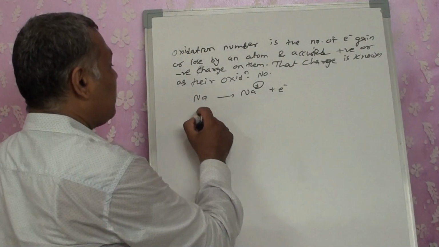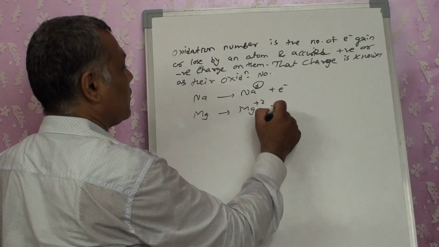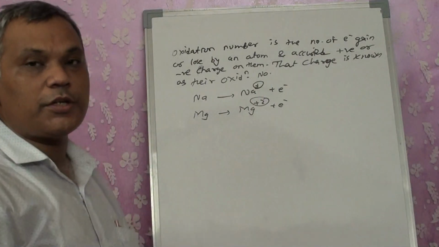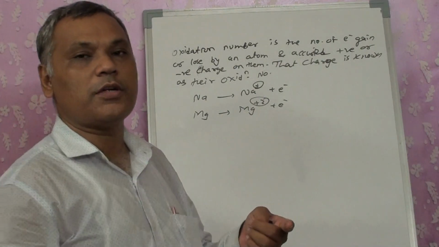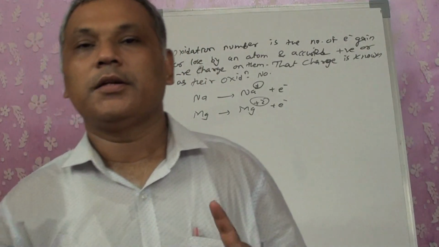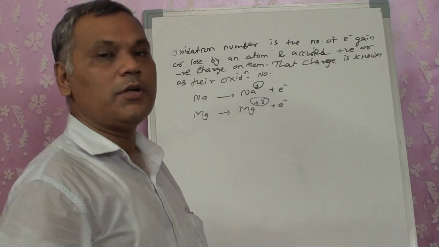If we take Mg, Mg donates 2 electrons, so this +2 is its oxidation number. We are not discussing it like that; it has the charge on it, and that is its oxidation number.